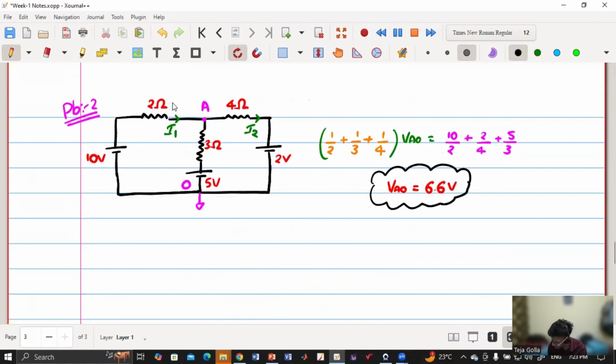Let me use a light color. So this is one branch. This is another branch, and this is another branch. So if you see three or more branches, where are they connected? One is at A and another is at O, right?